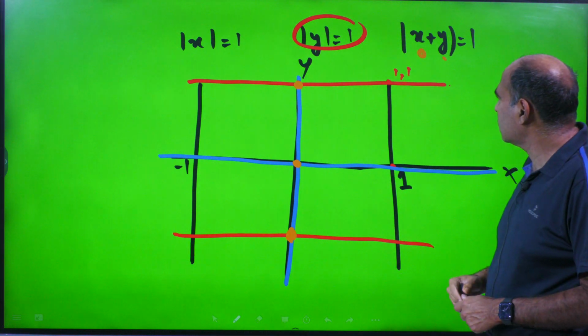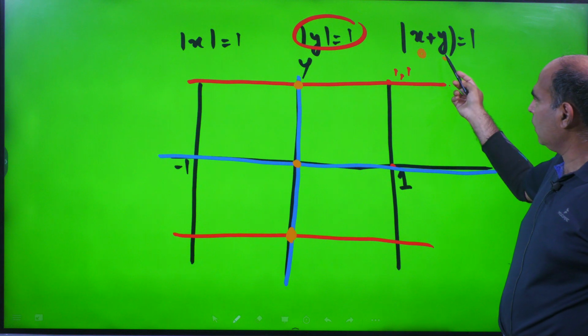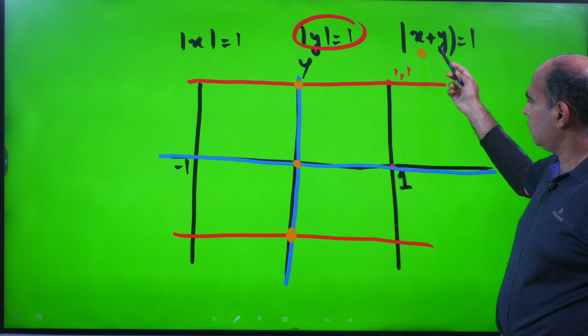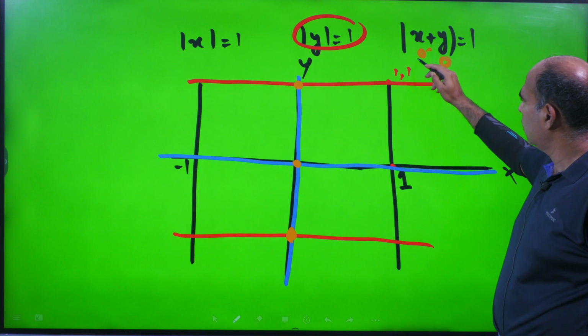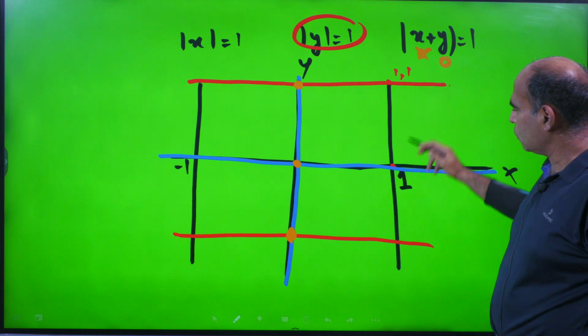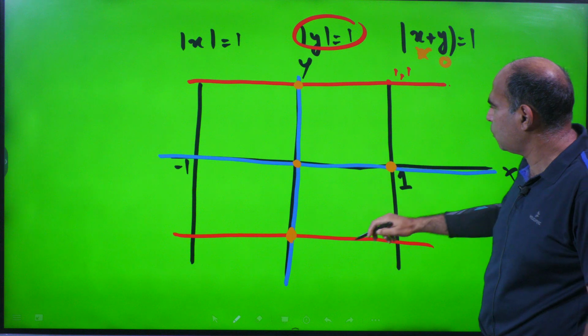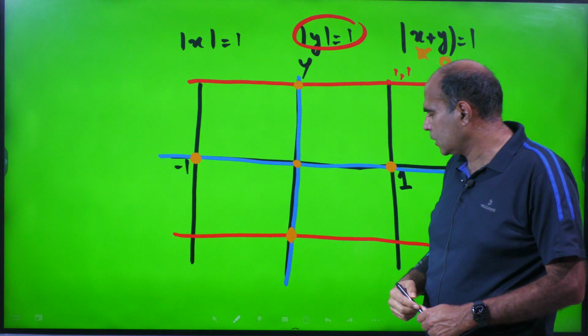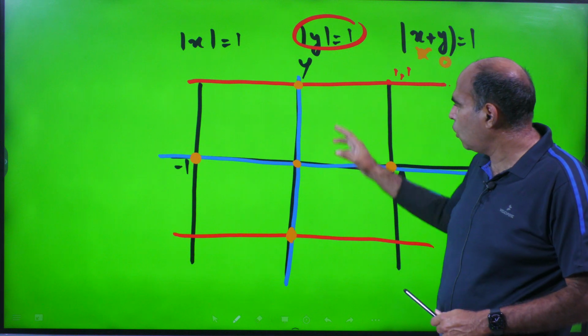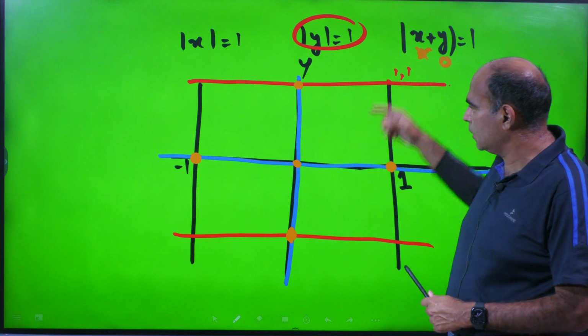And likewise, when you put y = 0, the value of x can be 1 or -1. So you can make out that these points are also going to be on this curve.